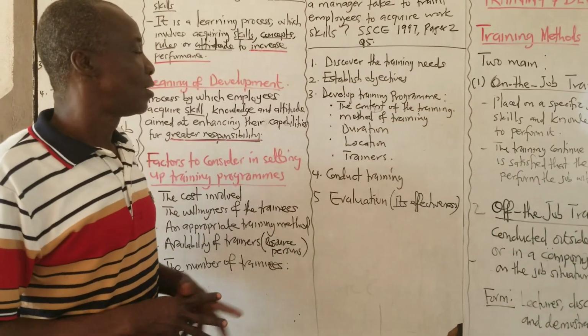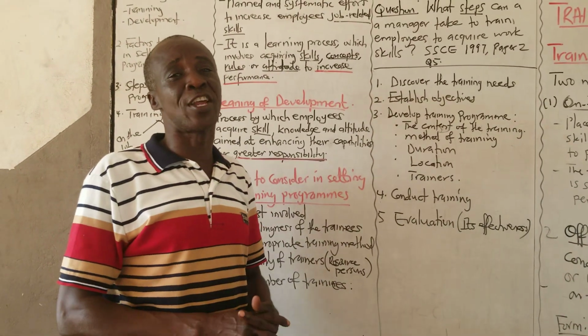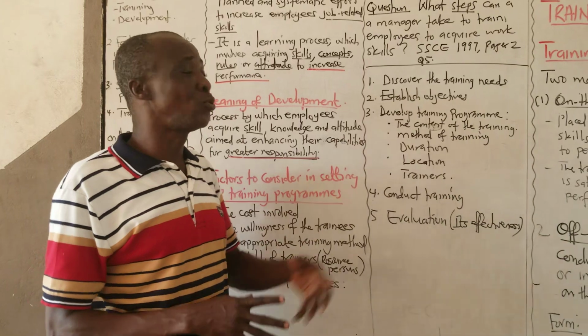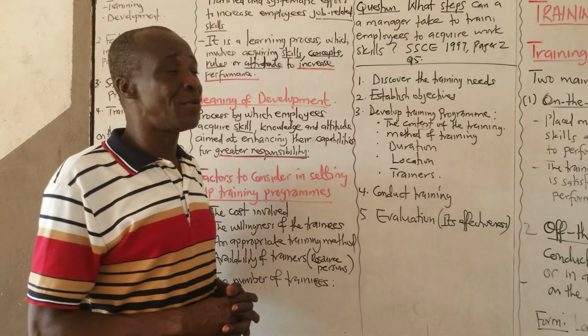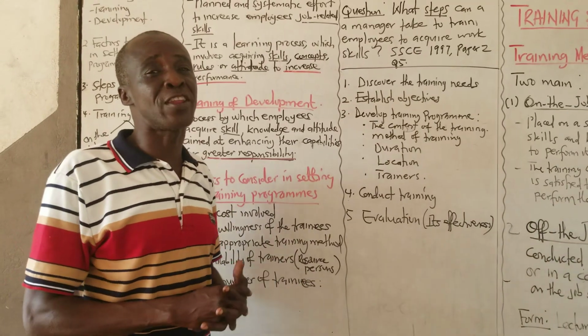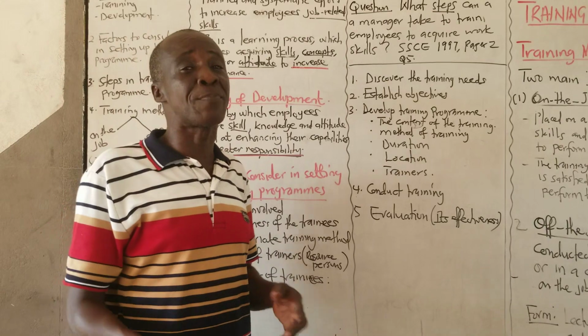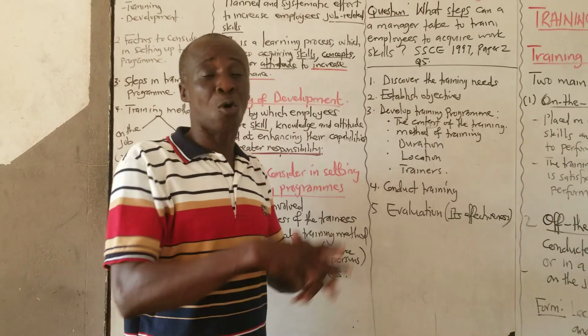Number two, the method of training. What method are you going to use in training them? That one too should be part of the program. Number three, duration. How long is the training going to take? Is it a 1 week training program, a 3-day training program, or what is it?